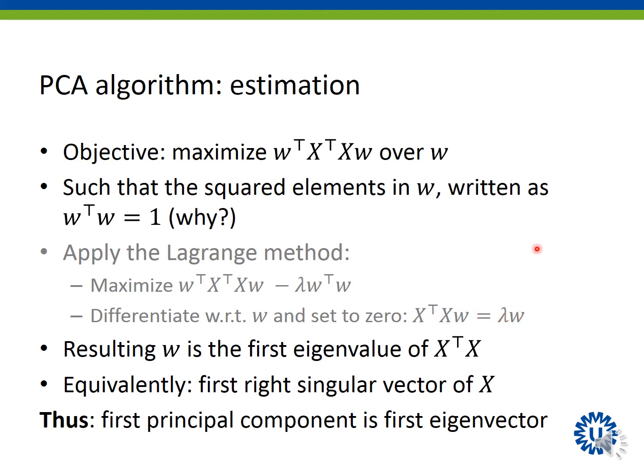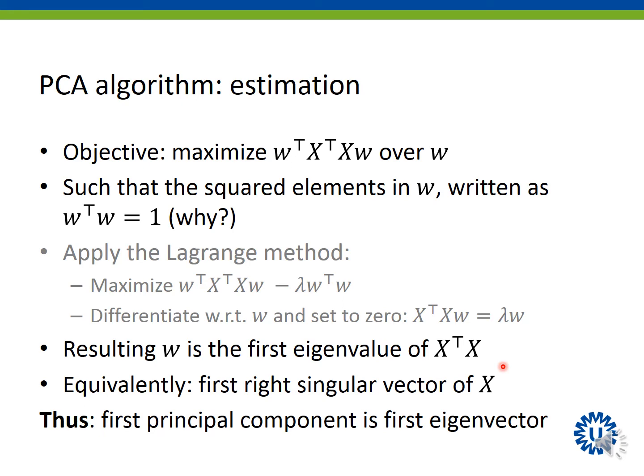And this is actually a very popular equation in linear algebra because the resulting w that satisfies this equation and thus maximizes the variance is the first eigenvector of x transpose x. So the resulting w is the first eigenvector of x transpose x.